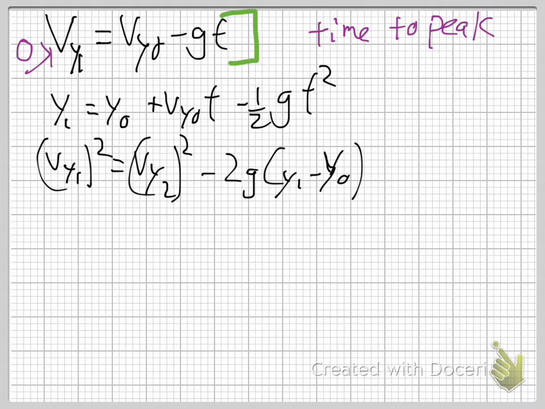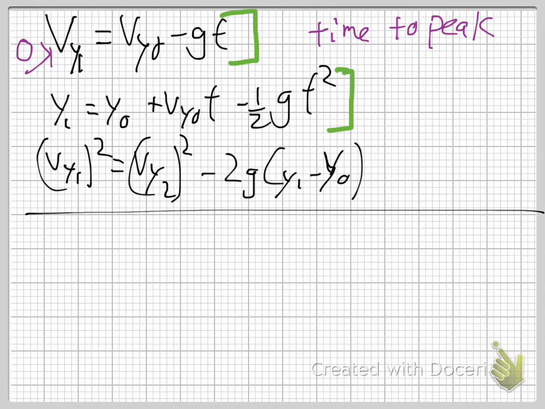But you have to understand that just knowing a time can't tell you a position without using that time to find the position. So how do you know where the projectile is at that moment after you find the time? Then why don't you put it into here and see where it is? Okay, so we can go ahead and find the time to the peak, or the t rise.